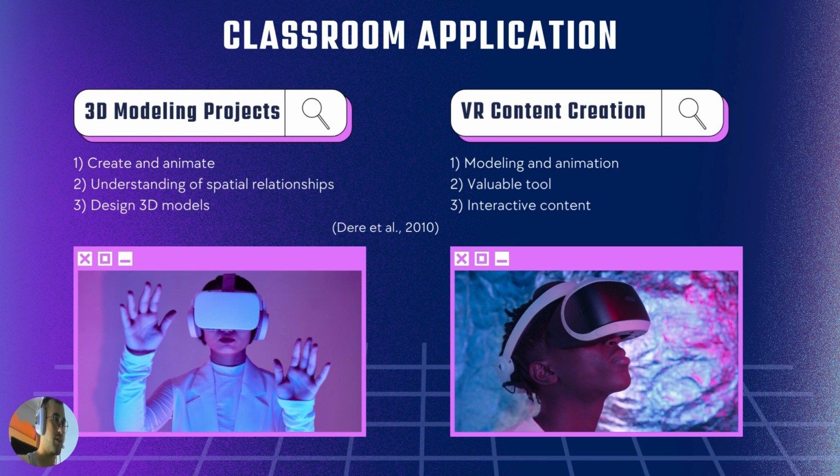Blender's capabilities in modeling and animation make it a valuable tool for producing interactive content. Blender is highly suitable for classroom use, particularly in advanced art, design, and technology courses. It can be used for the two things that we mentioned before.